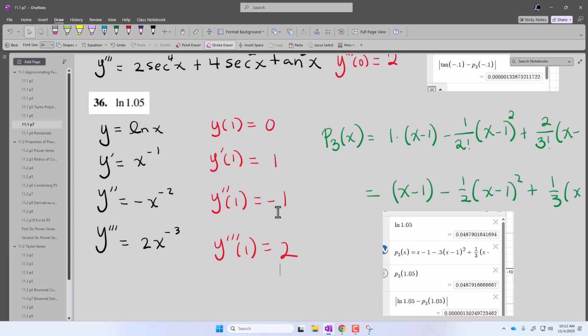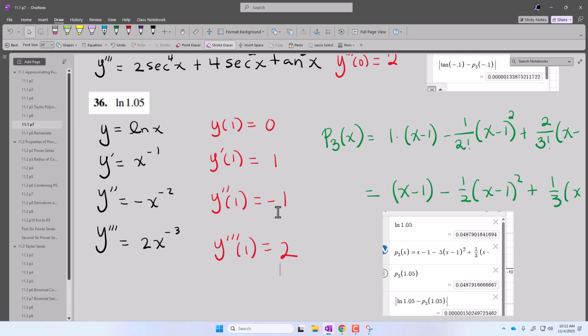So if x can be any number, what are you going to get? If you wanted to estimate 1.10, you would plug in 1.10. This will be reasonably accurate if you're close to 1. So if you plugged in 0.8, 0.8 is close to 1. Any number that's a little greater than 1 or a little less than 1 would give you a polynomial value with a very small error.